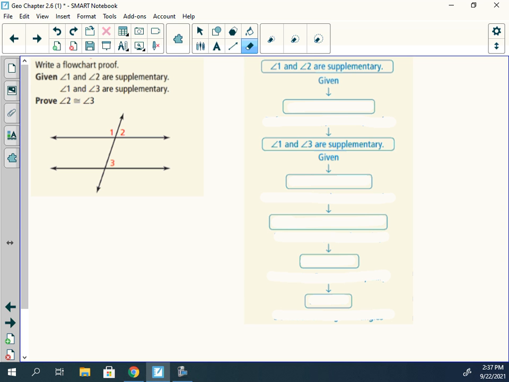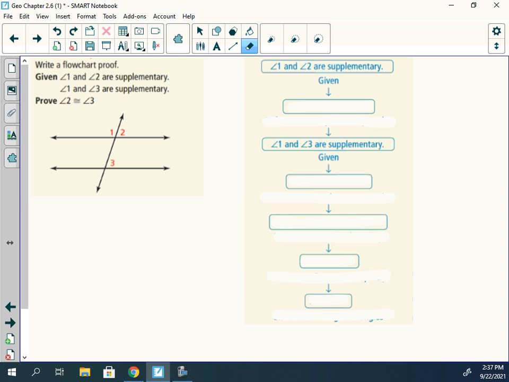All right, so let's focus in. Now, if two angles are supplementary angles, what do we know about them? What is it telling us? They're not going to be the same.